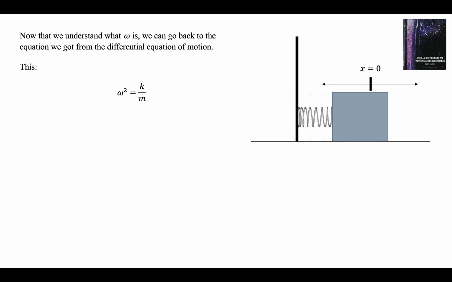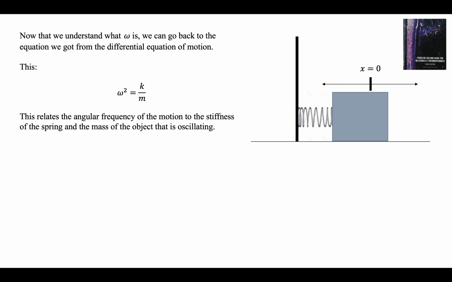So now we can go back to this. Omega squared is k over m. So omega is how many degrees per second, how many radians per second. This relates the angular frequency to the stiffness of the spring and the mass of the object that's oscillating, and this should make sense qualitatively. With a high k, a spring with a high stiffness is going to be oscillating faster.